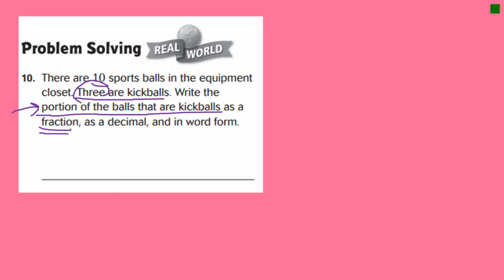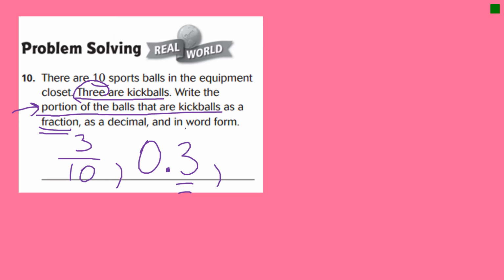So as a fraction, oh my gosh, I know you guys can do that with your eyes closed, right? 3/10 are kickballs, okay? Now as a decimal, I'm just going to write it with the 0 and the whole number, 0 and 3/10, right?